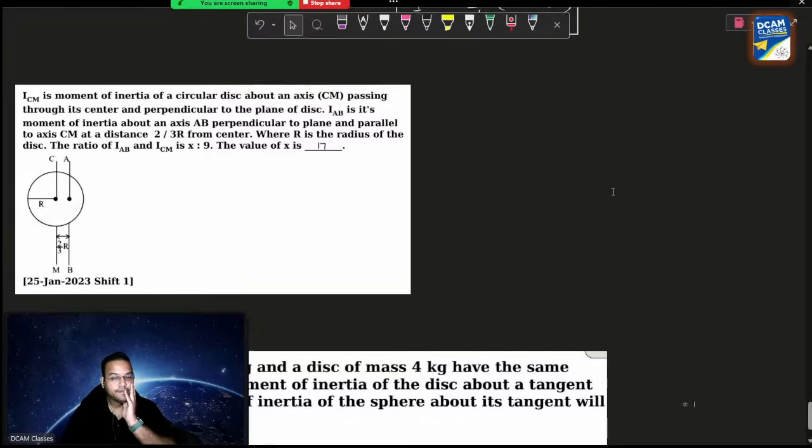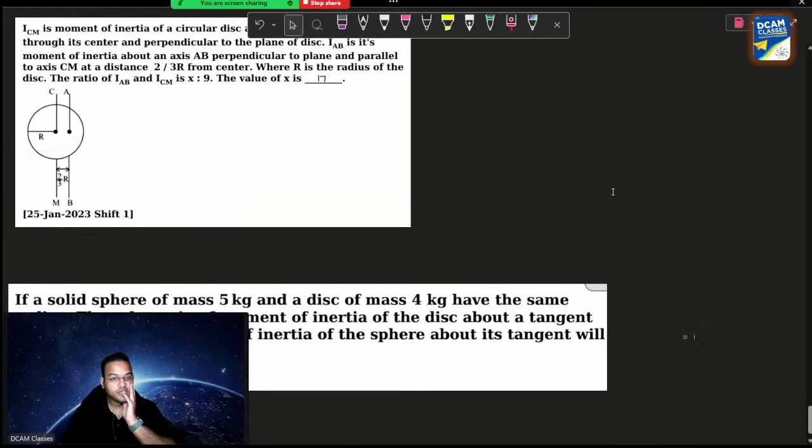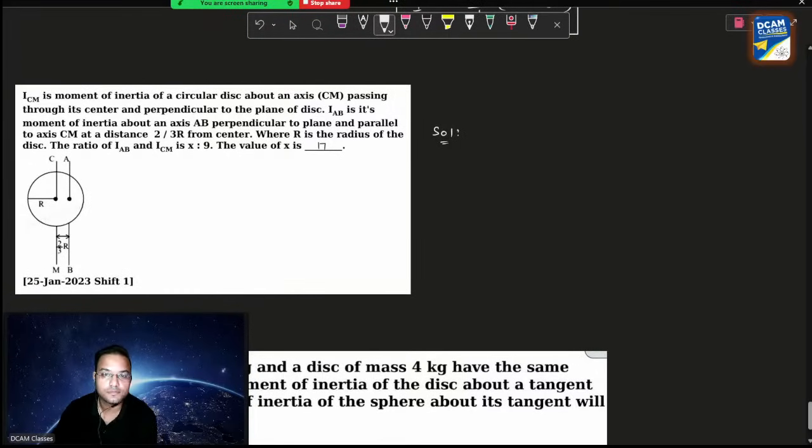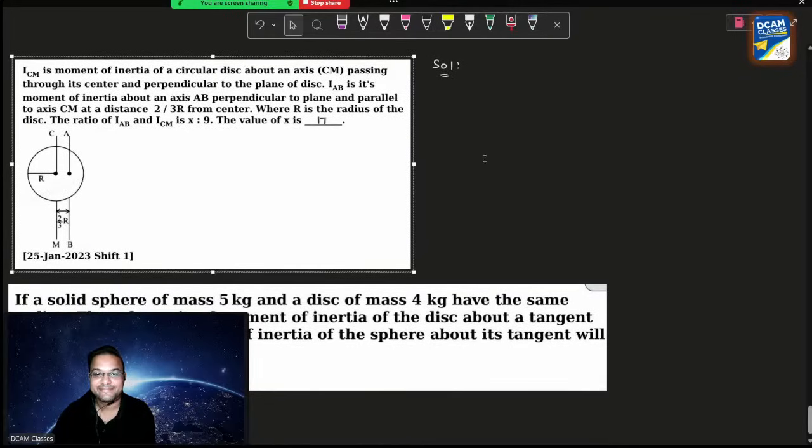Kanishka, did you get it? So you guys try to solve this question. Let me solve it. Scroll it down a bit. Okay.